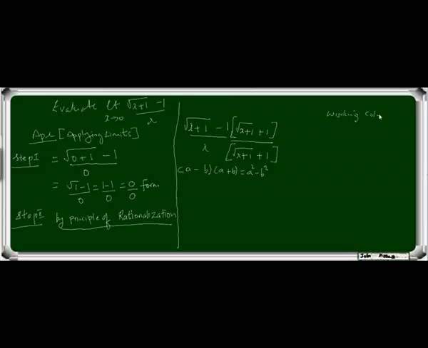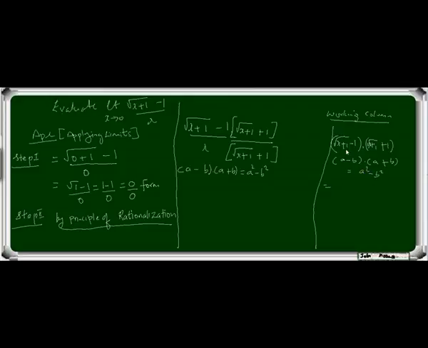What I'm going to show in this working column is root of x plus 1 minus 1 times root of x plus 1 plus 1, which is very similar to (a minus b) times (a plus b). So (a minus b)(a plus b) is going to be a squared minus b squared.